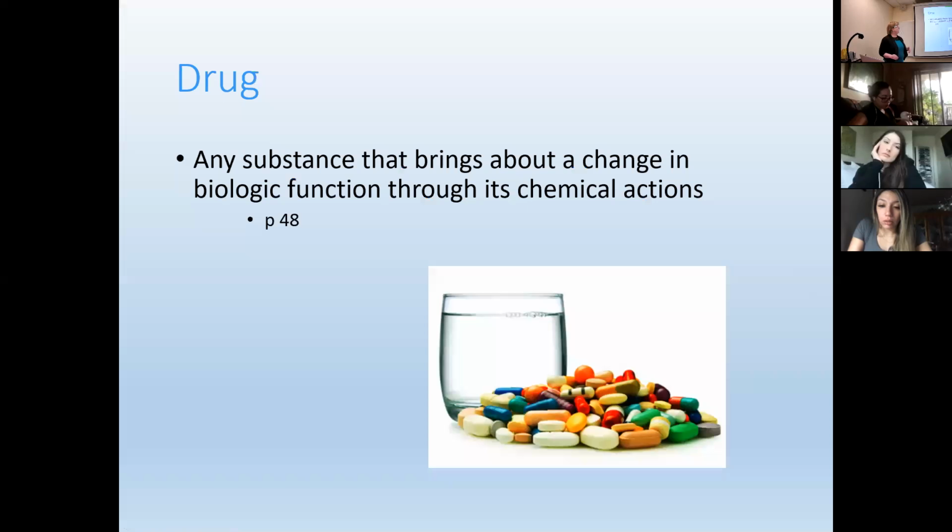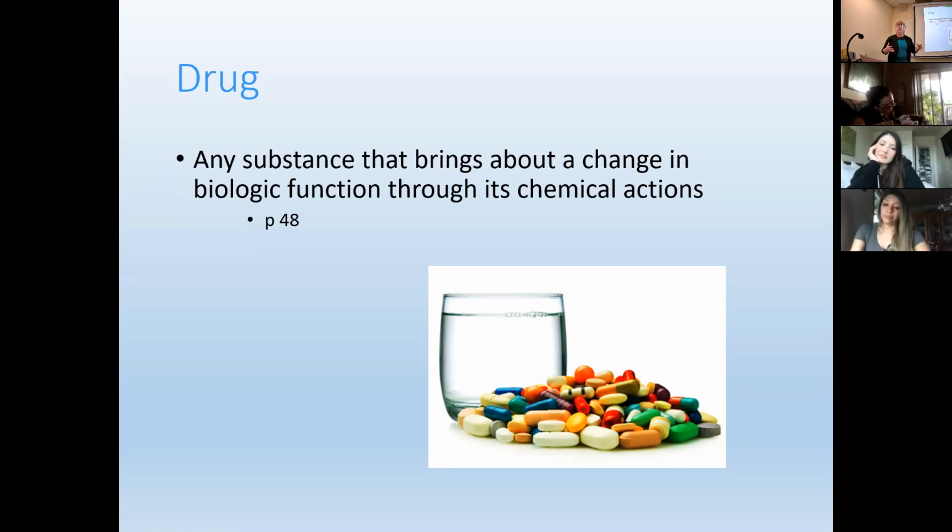And so there are a variety of words that we have to take a look at. And these are things that we will use all the way through. So all the way through the semester, we'll talk about the pharmacology.